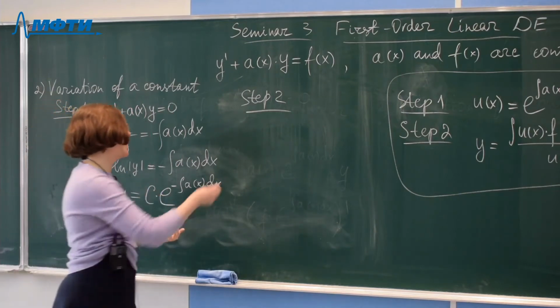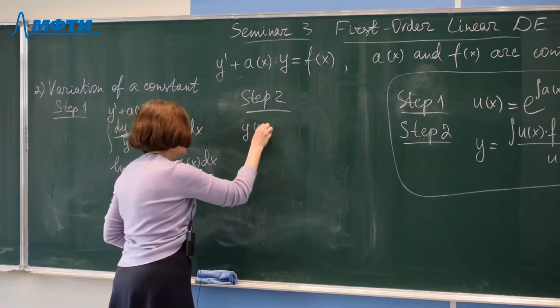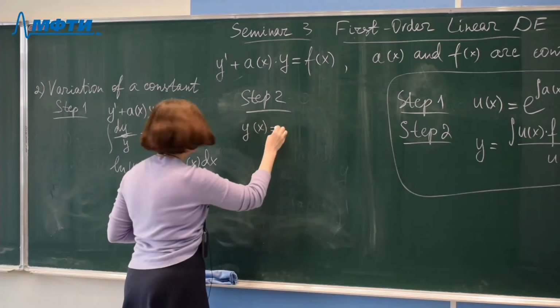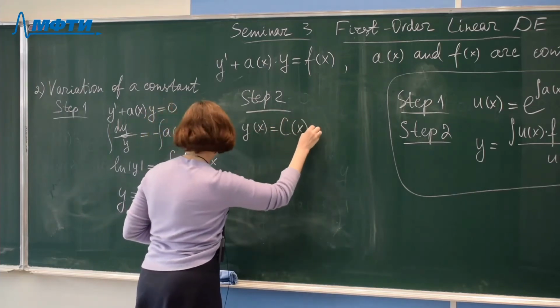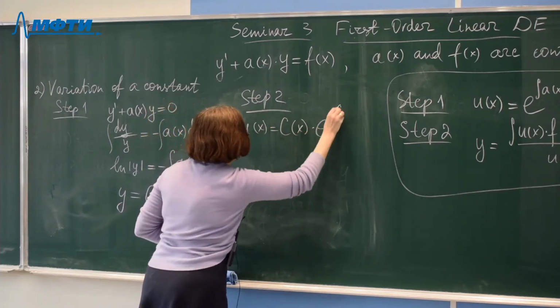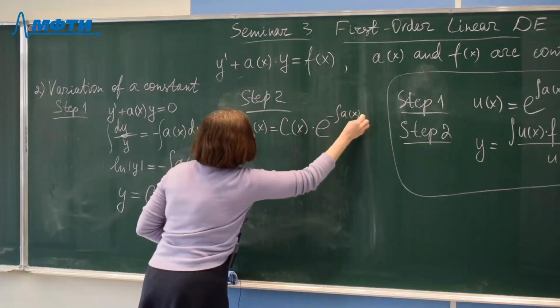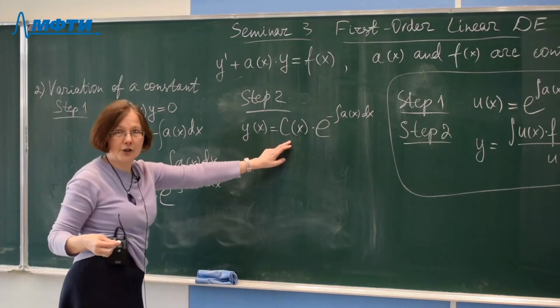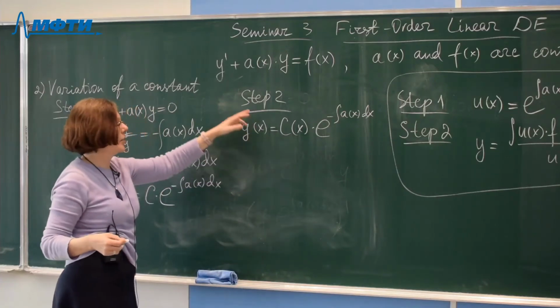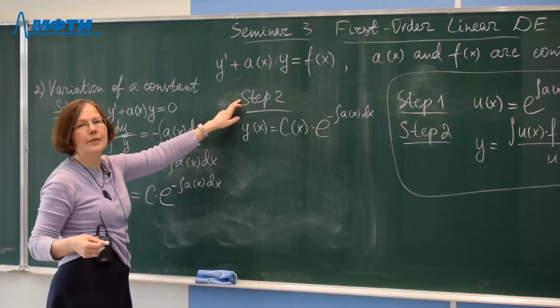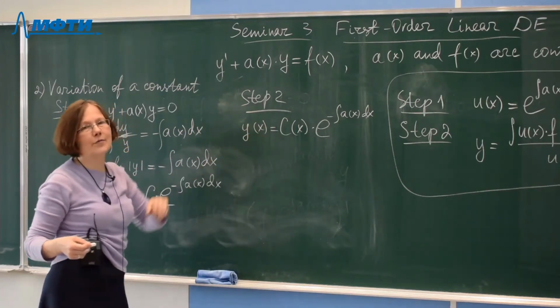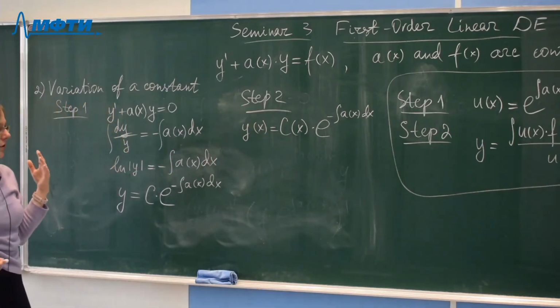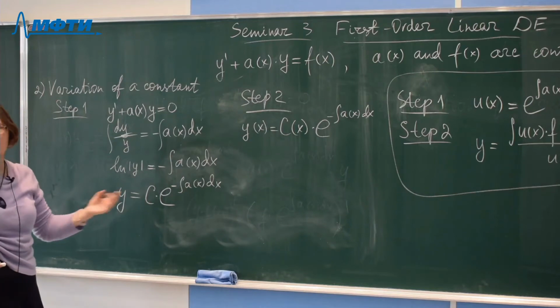We assume that there exists a function such that y of x equals c of x times e raised to the power a of x dx. So c is replaced by a function, and on step number two, we will try to find this function, not a constant, but a function c of x.